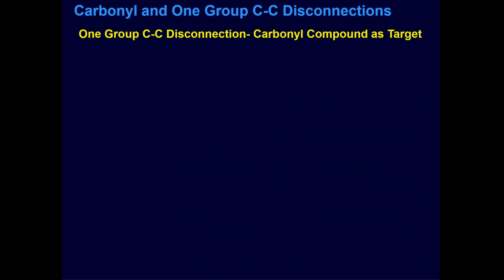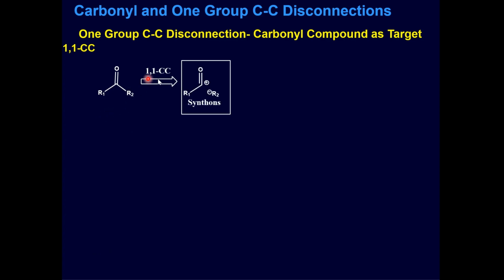Another one, C-C disconnection approach leading to a carbonyl compound as the target compound. When I have R1COR2, here I do 1,1 disconnection over here. I'll get one donor synthon R2 minus and another acceptor synthon.